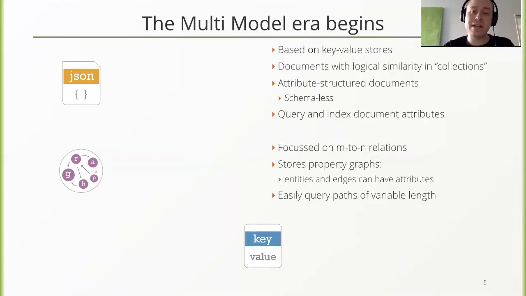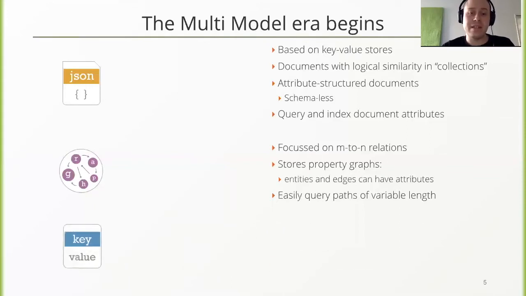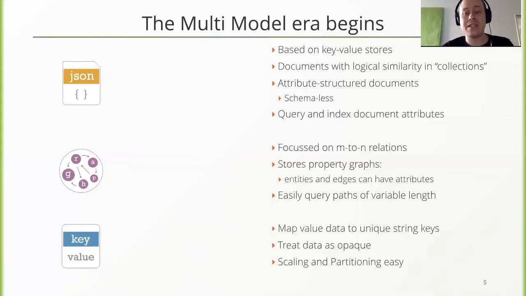And the last major player are key value stores, the easiest database format that you could think of, because key value stores just map one unique key to something which they call data. They do not treat anything in the data, so the data is fully opaque to the database. And you can only get this piece of data back by its key.